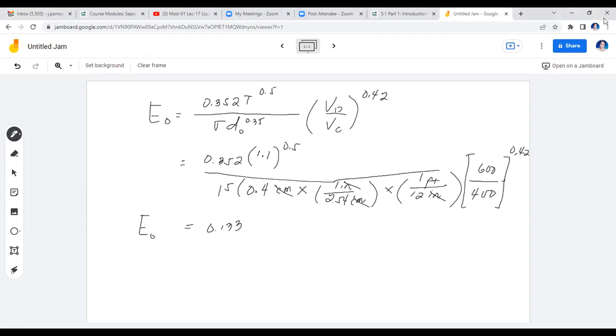Let me check on my calculator. By the way, this should be raised to 0.35. I missed something here.